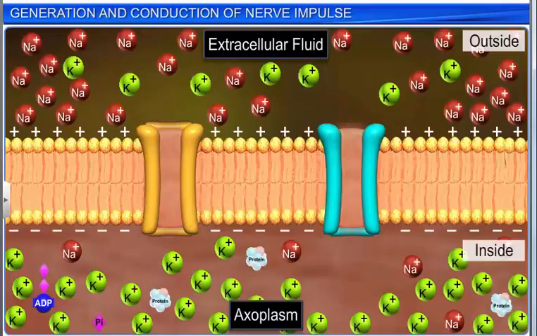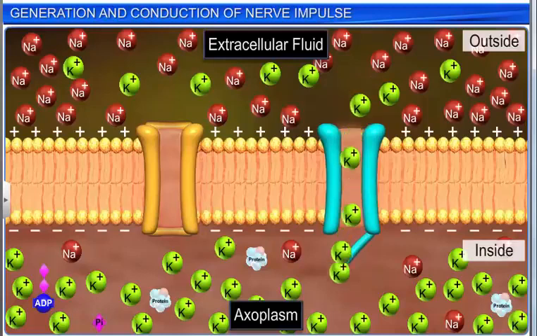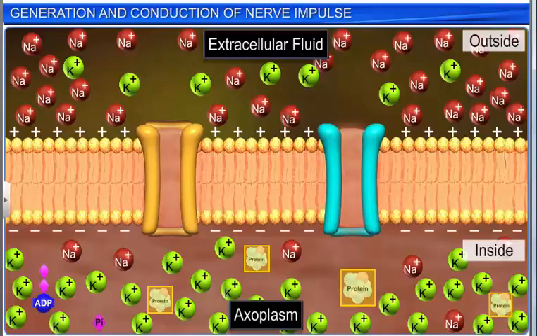The ion channels of the resting membrane are differentially permeable to ions at different rates. It is more permeable to potassium ions, almost impermeable to sodium ions, and totally impermeable to the negatively charged proteins of the axoplasm.